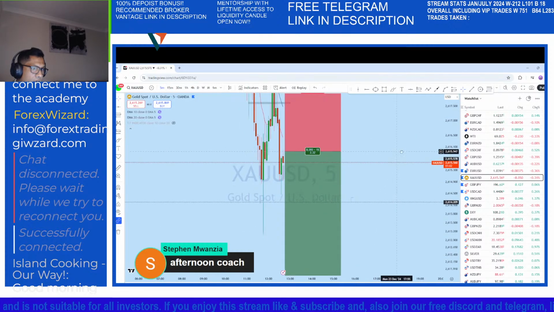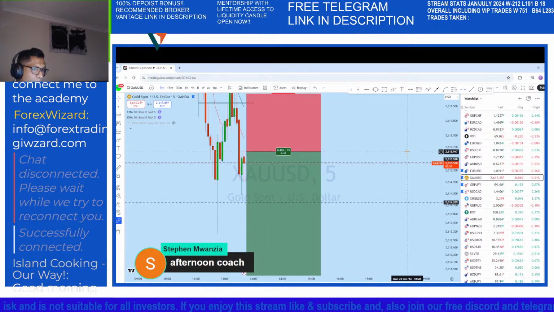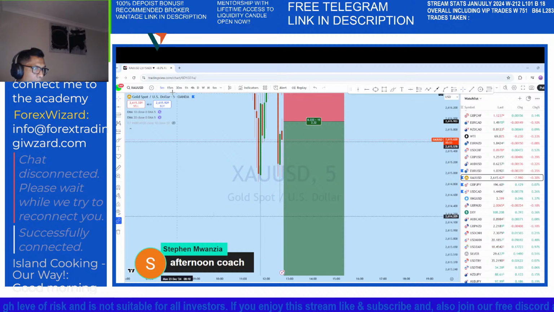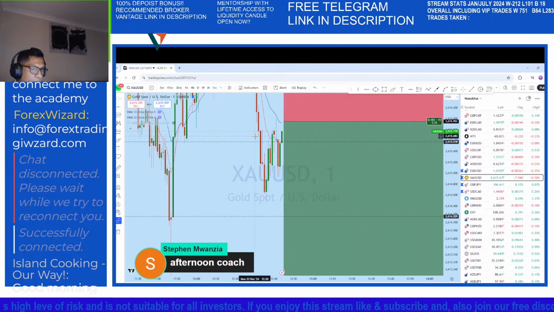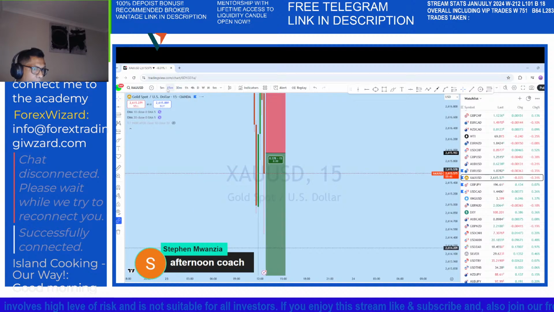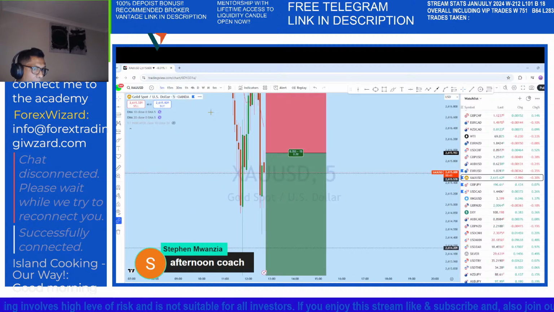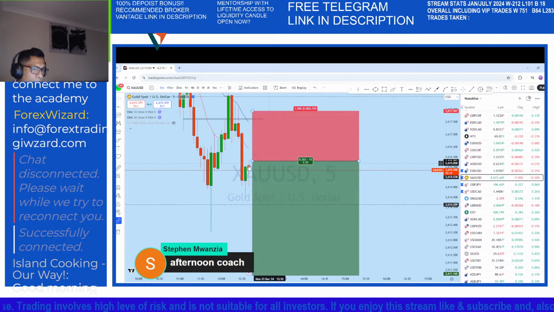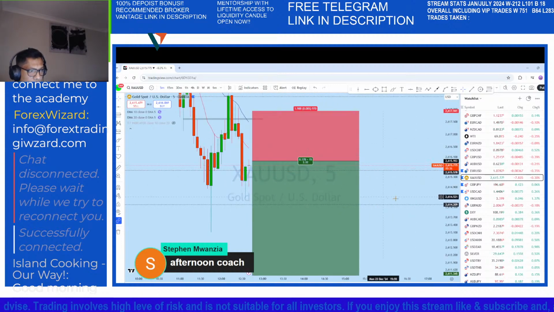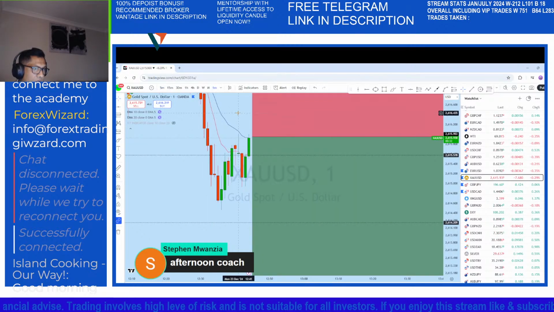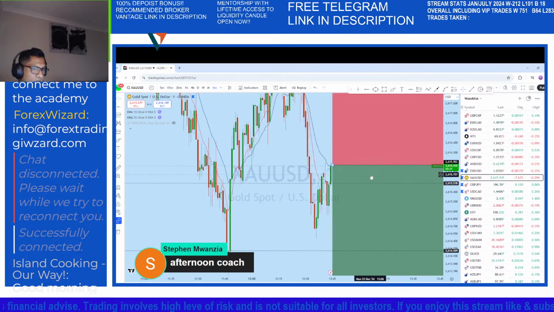So looking at, so we can see that there is a doji formation here in that area, and that's where the market.